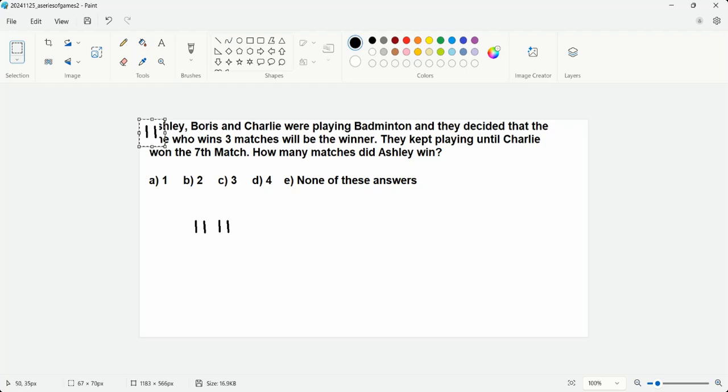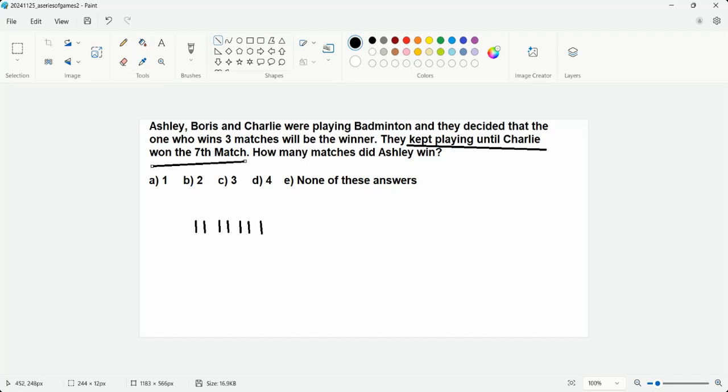Okay, so I hope you came back and tried to solve the problem, and you solved it right. I'll still explain how to solve this problem, just in case you would like to know. So we have this point that they kept playing until Charlie won the seventh match.